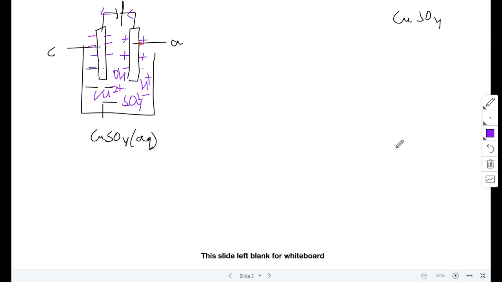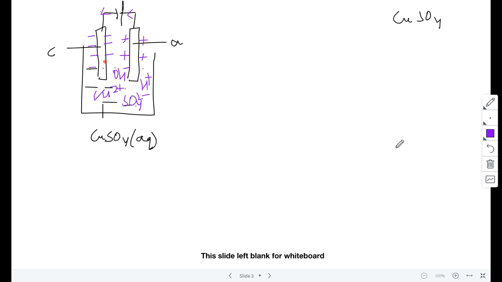Yes. And here we have a positive charge, so negative will go this side. So in positive, we have copper 2 positive and H positive. Now we have to see which one will go towards the electrode and which one will stay in the solution. One has to stay in the solution and one has to go towards the electrode.